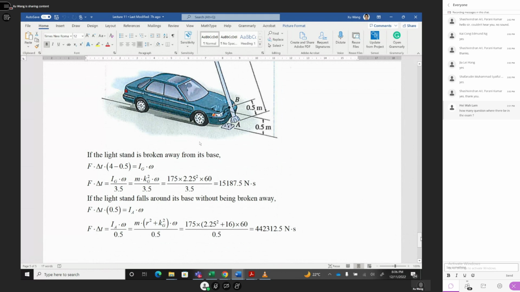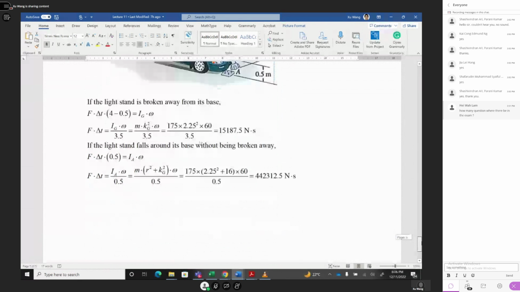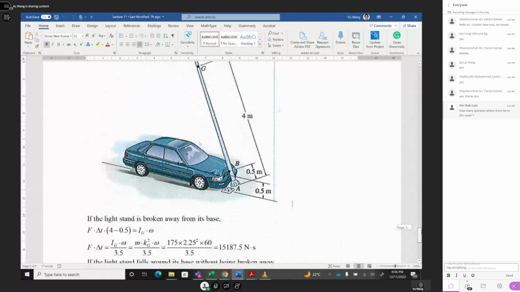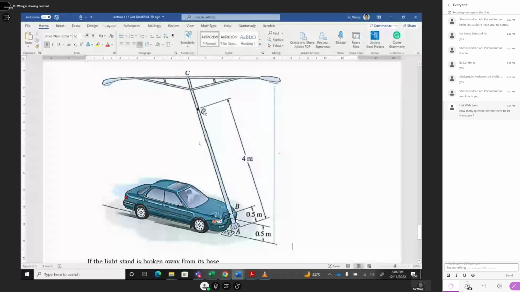Okay, that's for this question, and this is question 5. With a summary, it depends on where it breaks. If it breaks here, where is the rotation center? Once you know the rotation center, you use the impulse times distance to get the angular impulse, and the angular impulse should be equal to I omega, where I should be the rotational inertia, m k squared, multiplied by omega.